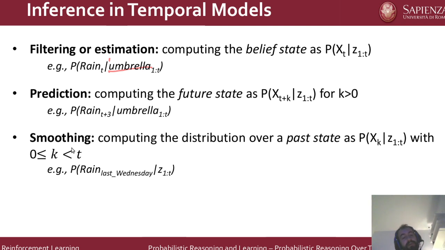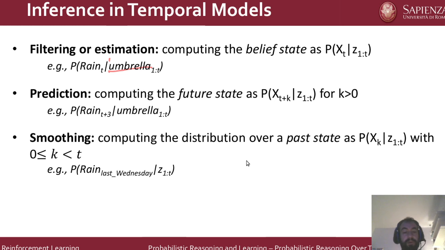Finally, smoothing, which is the concept that is probably the hardest to understand for several people, is basically computing the distribution over a past state. So why do you want to do this? Because maybe you were performing filtering while you received new observations, but then you got new and new observations and you want to go back and refine what your belief was about the state.